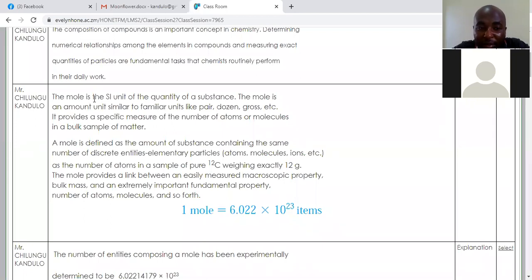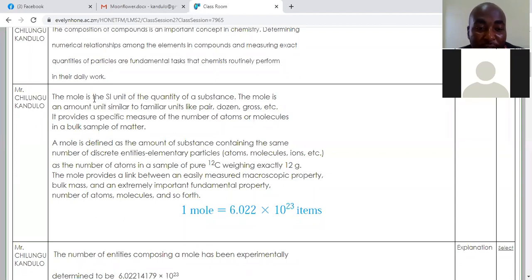Gross means 144. So the mole is related to this because it's also just like this, a group of a specific number of substances.